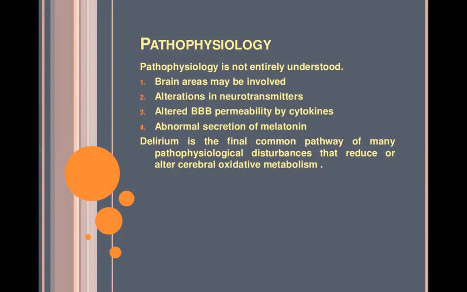Some alteration occurs in the neurotransmitters because of any etiological factor. When there is alteration in the neurotransmitters, the blood-brain barrier permeability is altered by cytokines.